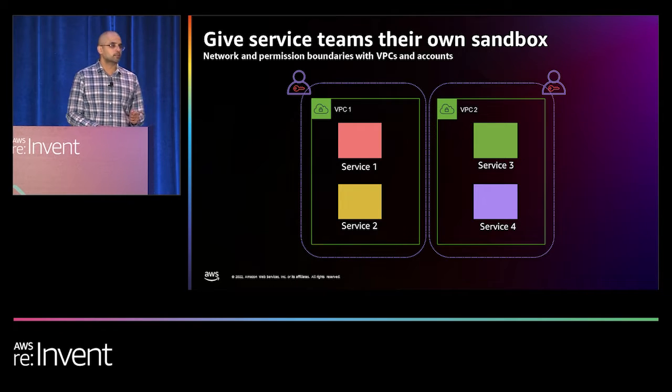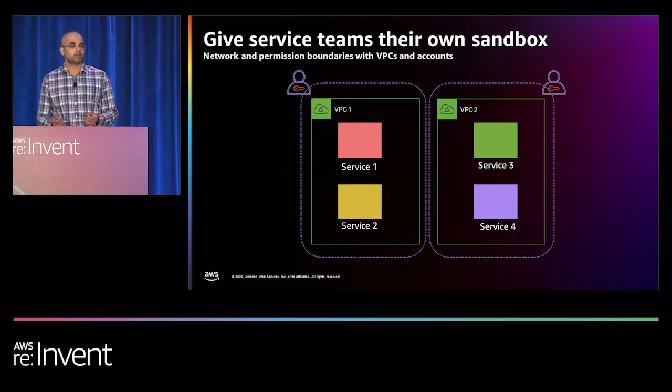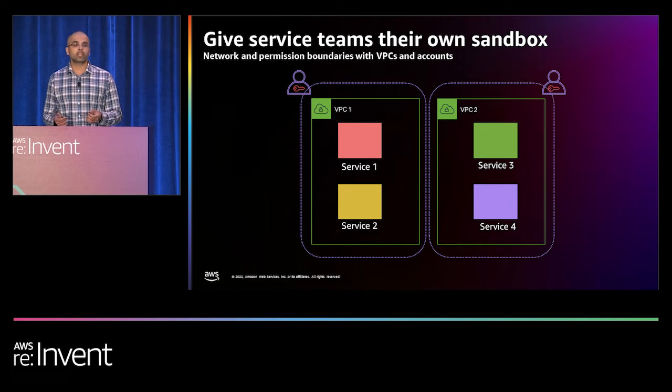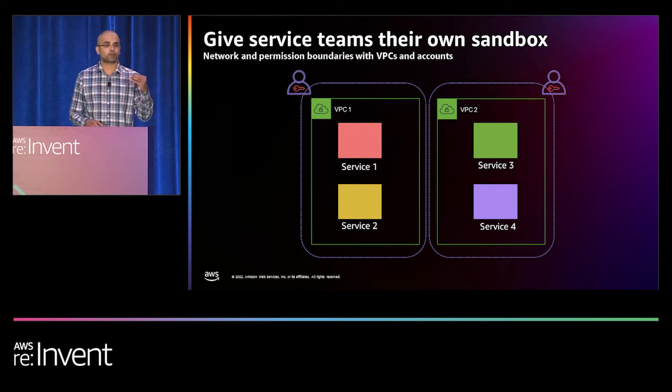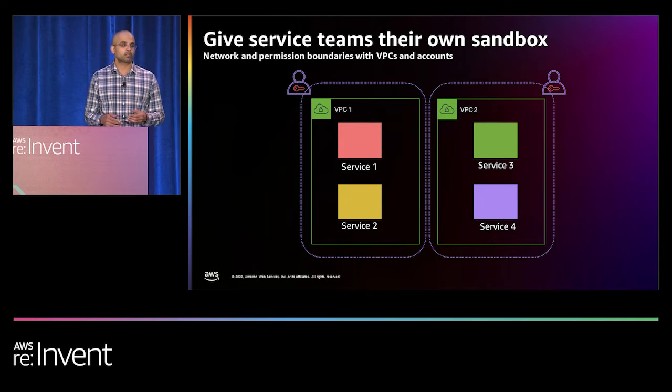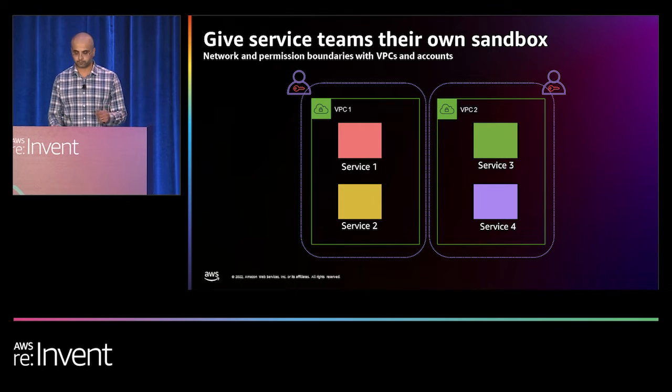This is because you can think of your VPC as your networking boundary. And what I mean by that is nothing can get in or out of it unless you poke some kind of hole into it. In a similar token, you can think about your account as your permission boundary. Making these boundaries smaller and intentional provides the ability to enable granular permission controls, which can increase your overall application's security posture.